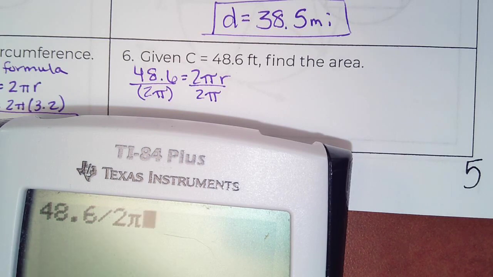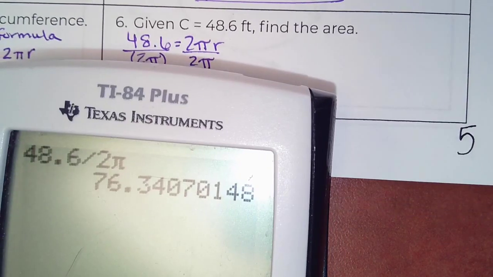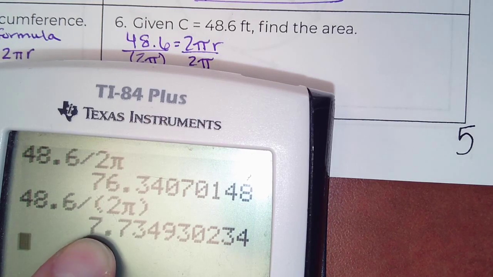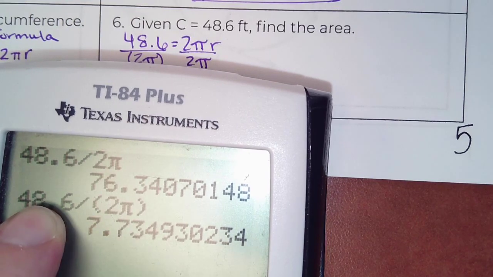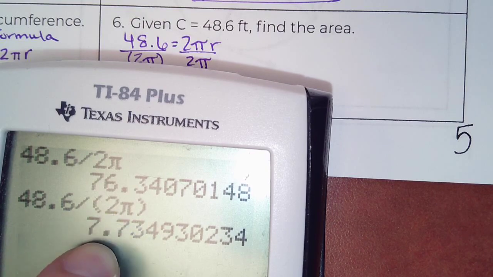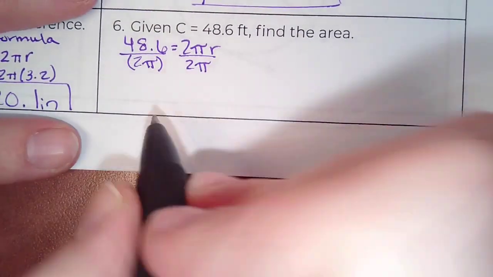So it's going to come out wrong. So notice how this number is different than 48.6 divided by parentheses 2 pi. Okay, so this bottom one is the one that is correct because 48.6 needs to divide by 2 and pi. So 7.7. So r equals 7.7.